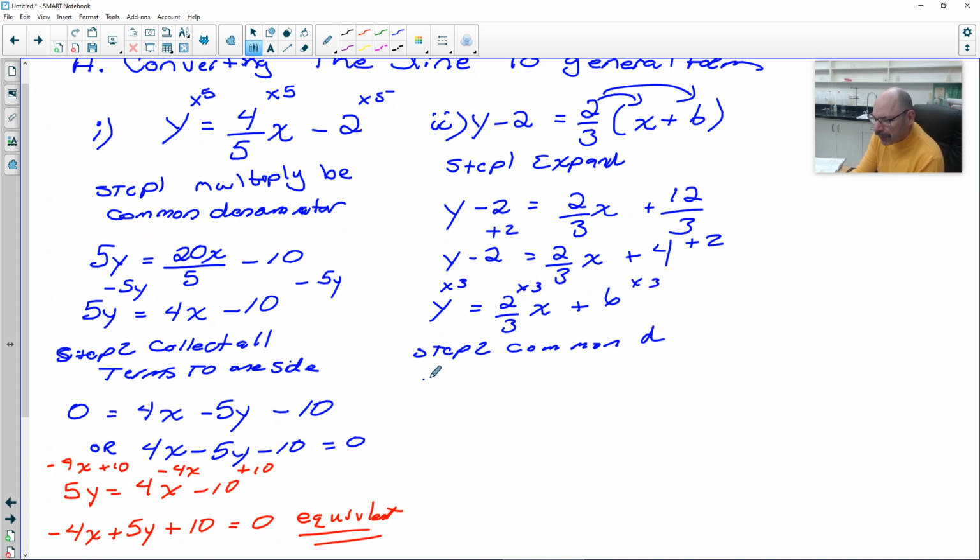So I get 3y equals 6x over 3, sorry, plus 18. Okay, and then when I simplify that, 3y equals 2x plus 18. Okay, and then finally rearrange.